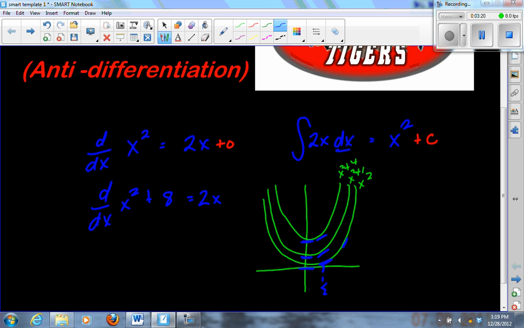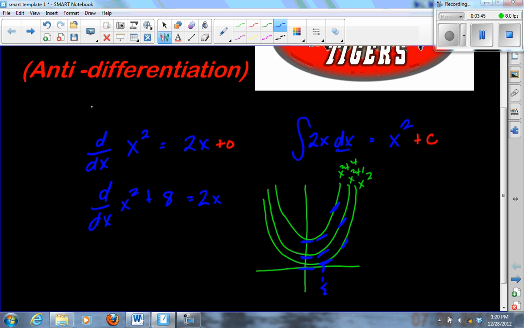So you can see that as you go up this line, these slopes stay the same, especially if all this was drawn perfectly. So that's why it doesn't matter how far you shift this up or down, which would be where the plus c comes in. The slope will be the same at that particular x-coordinate.